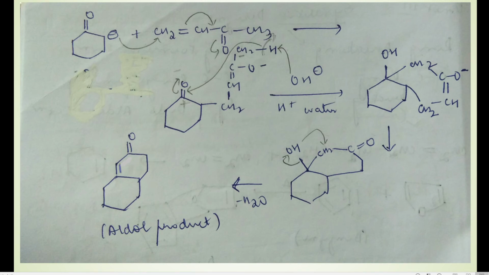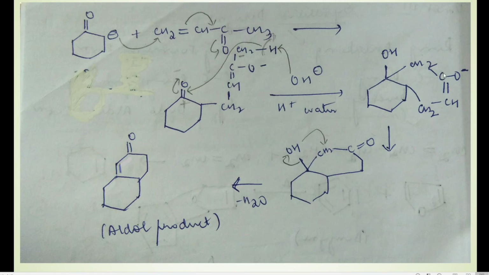Students, see carefully: after the cyclic intermediate is formed, what happens? This minus charge shifts back between this carbon and this oxygen as C double bond O. That time, see the valency on this carbon here.